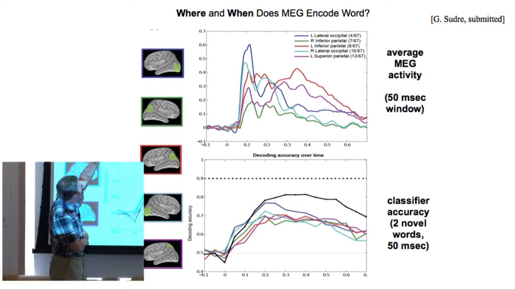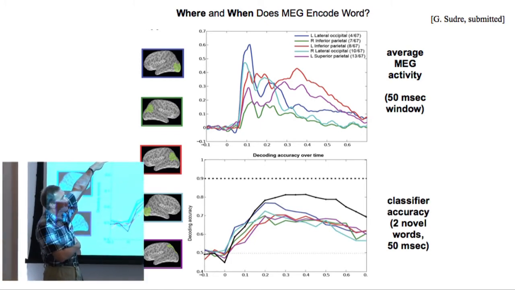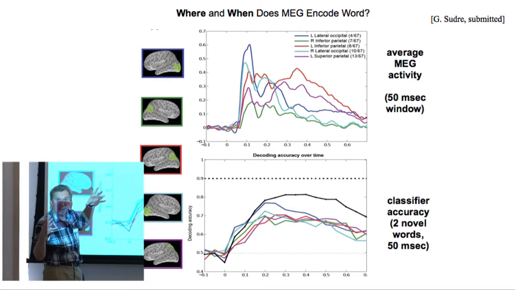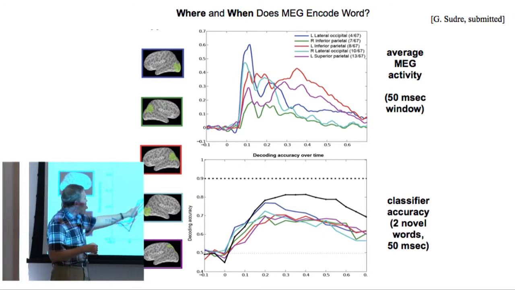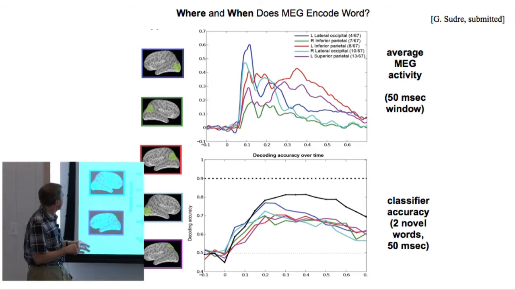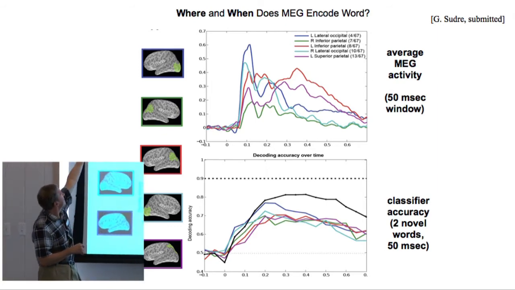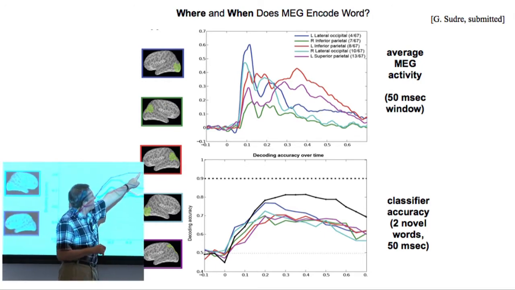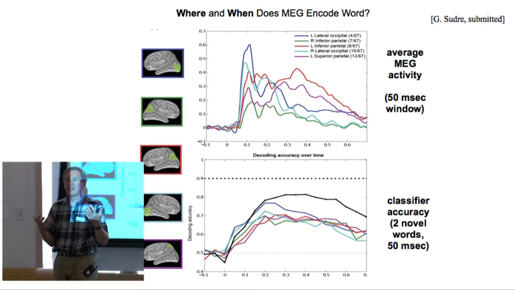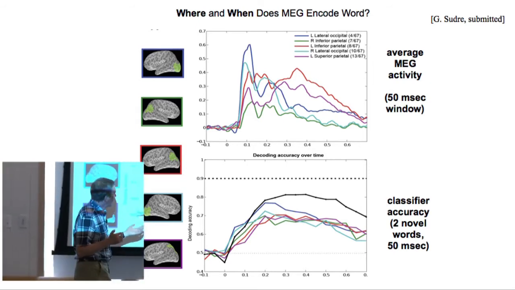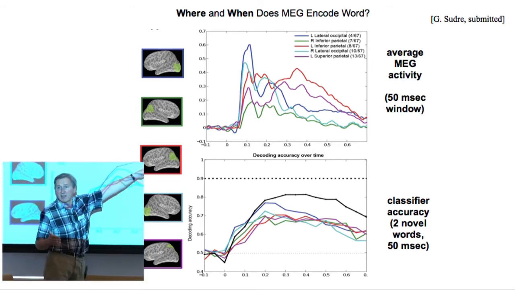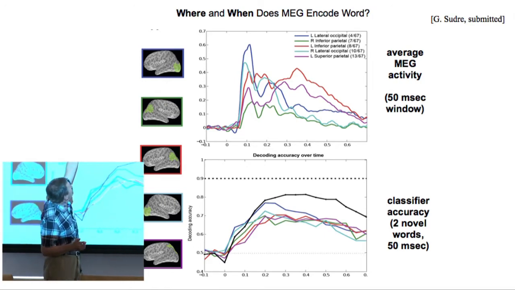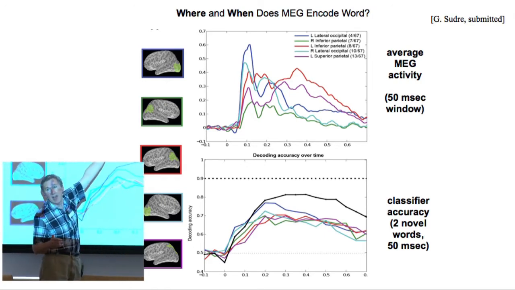This 90% is what we get if we use the entire brain. This black line is what we get if we use the union of these particular regions. But the important thing to point out here is that the decodability of the word semantics peaks at around 400 milliseconds, even though the magnitude of the activation has died down quite a bit by then.